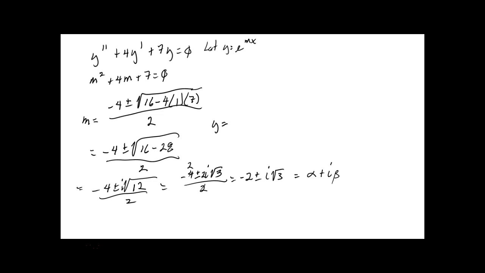You see that? Okay, so e to the, and what's your alpha? Negative 2x. So that's on the outside. And then on the inside is C1 cosine square root of 3x plus C2 sine square root of 3x.